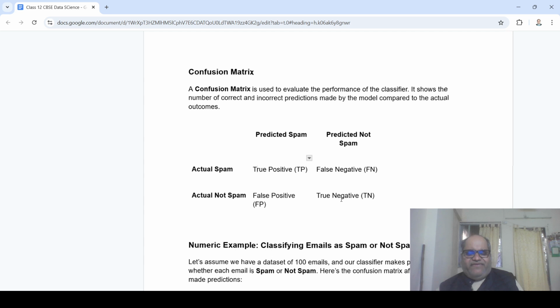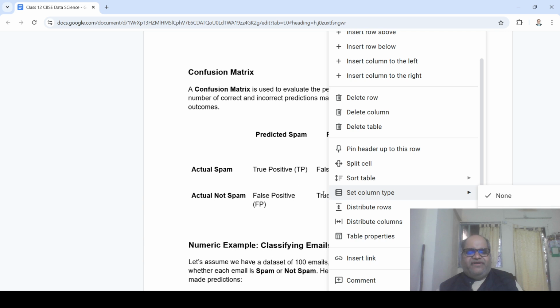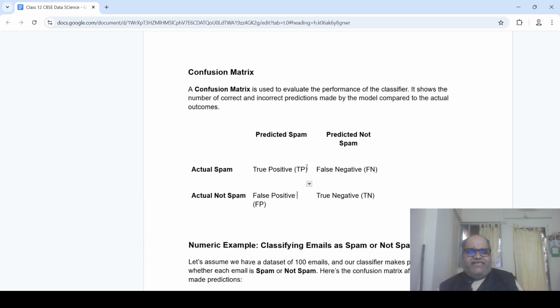In a similar way, if it is not spam and your model also predicted not spam, that's the true negative, the fourth one. Otherwise, if it was actually spam and the model didn't predict it, it predicted negatively and that was false, so that is what we call false negative. If you predicted it positive, but it was not, you call it false positive.